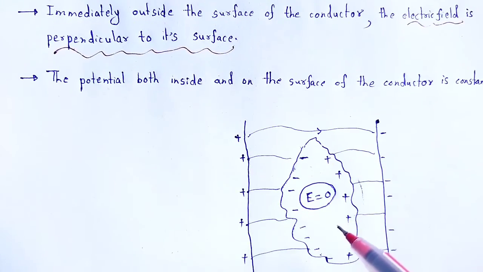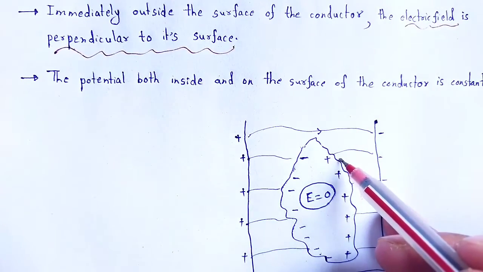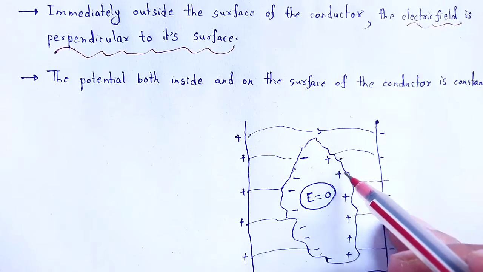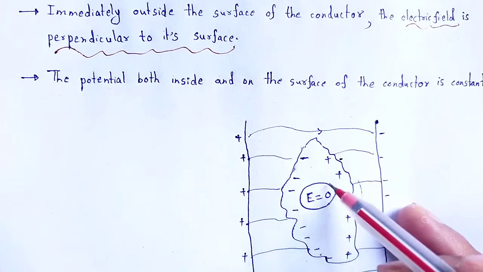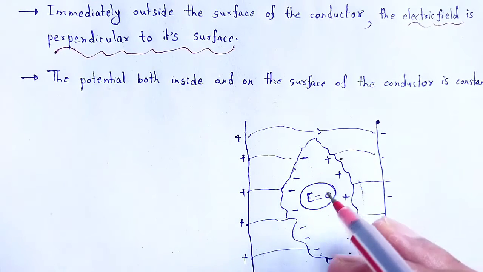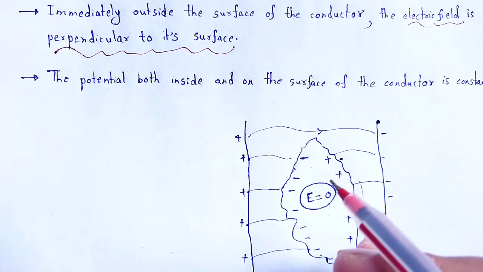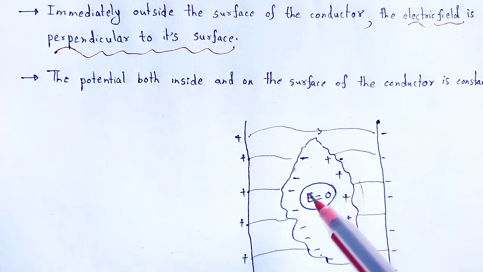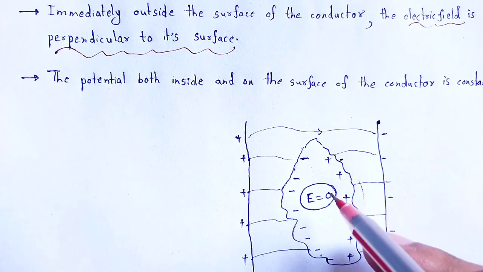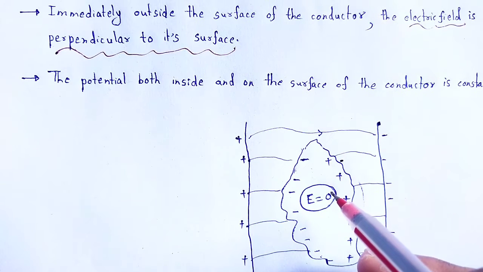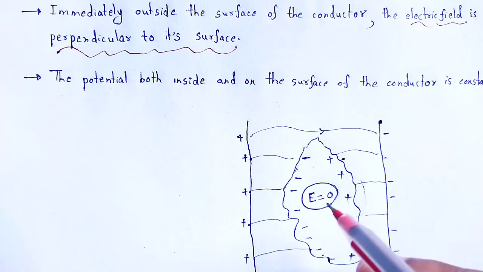Now, since the net electric field inside the conductor is 0, this implies that no net charge exists anywhere inside the conductor. This can be explained by using Gauss law.